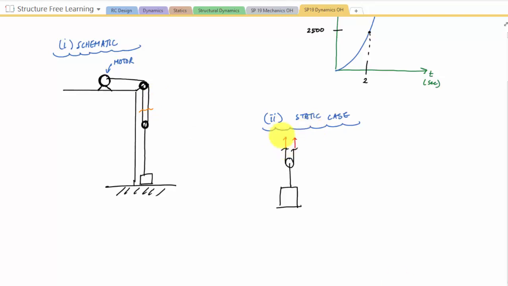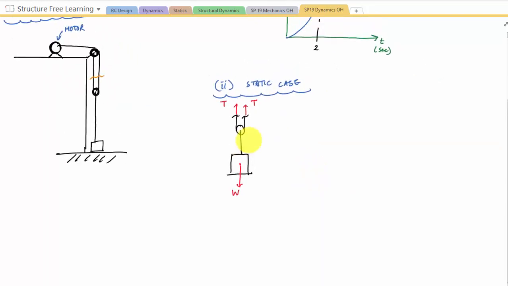I'll call this the force in the rope, T, and I would have the weight here, W. Which way do you want to say is positive, up or down? Just because it's a pulley, we could say down is positive, which is convenient for us later, and positive x would be to the right.